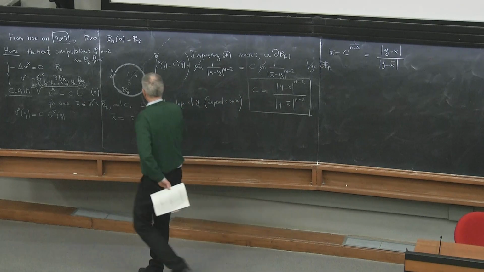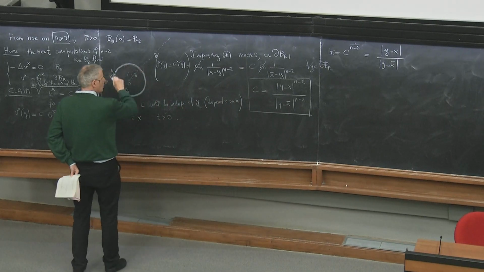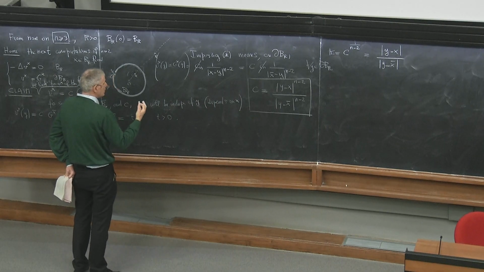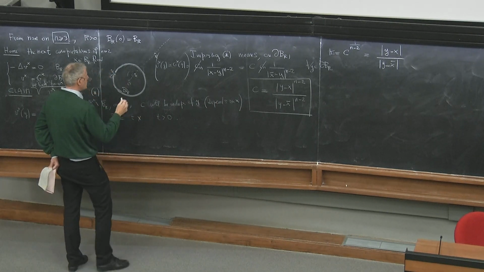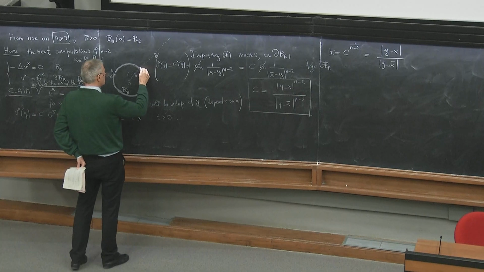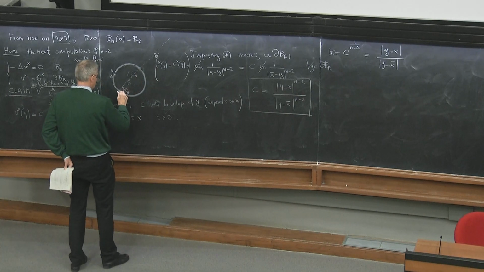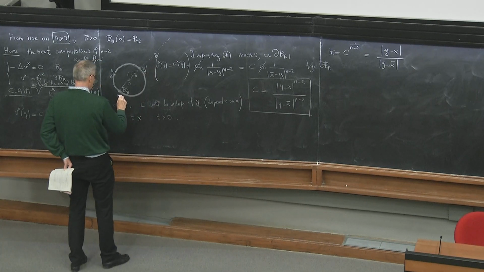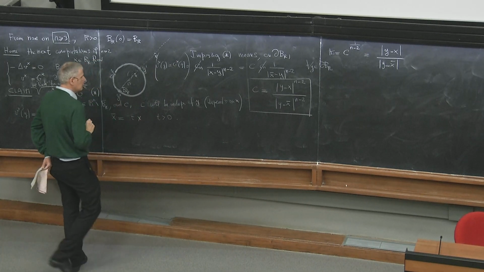So it seems natural here, we want to impose this constant for any y. In particular, this should be satisfied for this point and this point. Let me call this point y prime, and let me call this point y second.